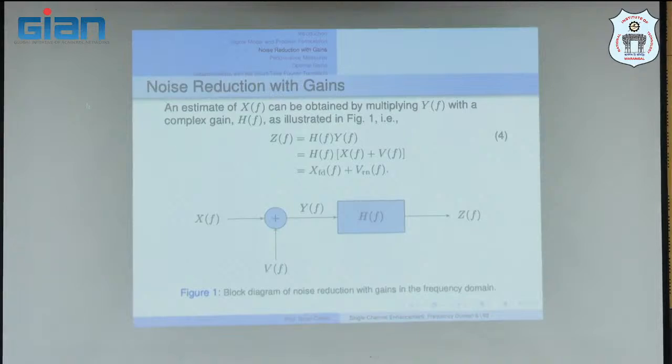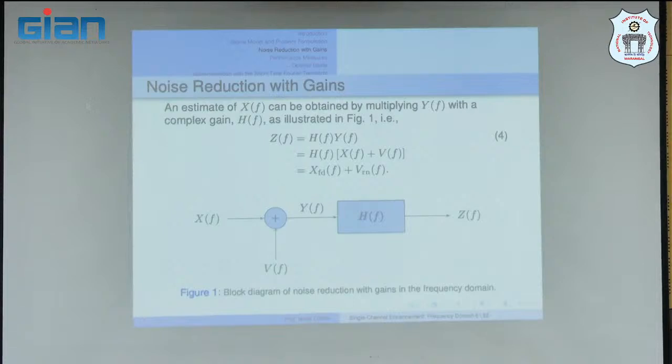Different gain. That's why we call it gain. It's just a filter in the time domain, and it's also a gain in the Fourier transform domain. So we can multiply it with different gains, and then we get two components in the estimation. One is the filtered desired signal, H multiplied with X, and the other one is the residual noise.